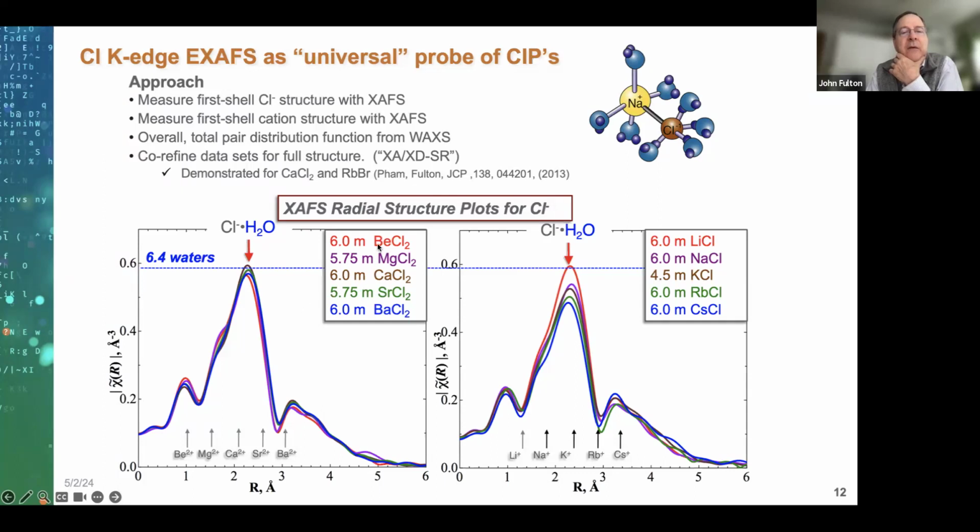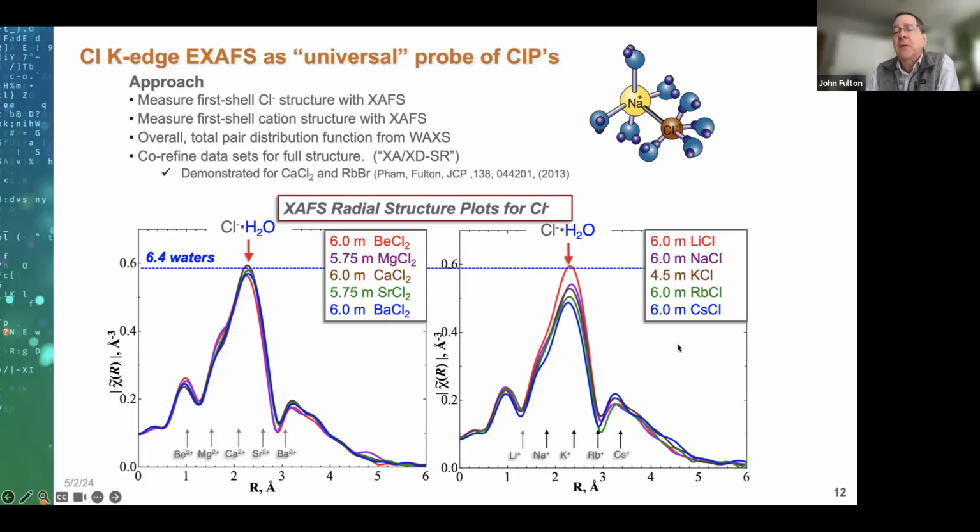What we see for all of these divalent cations is that we do not disrupt the water shell around chloride. We believe that a contact ion pair would displace the waters in the first shell and disrupt this hydration shell.